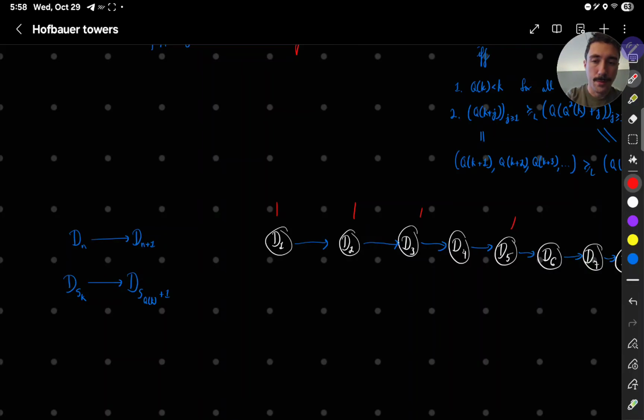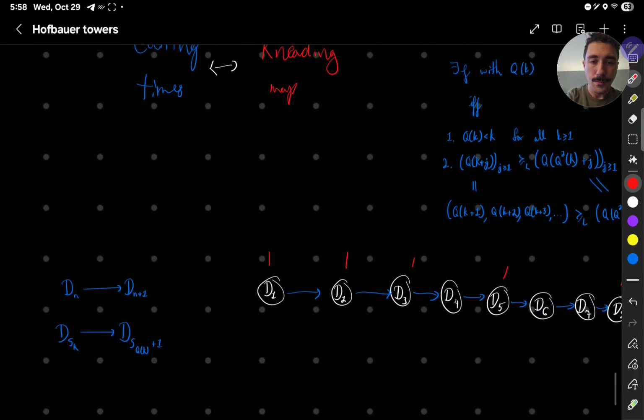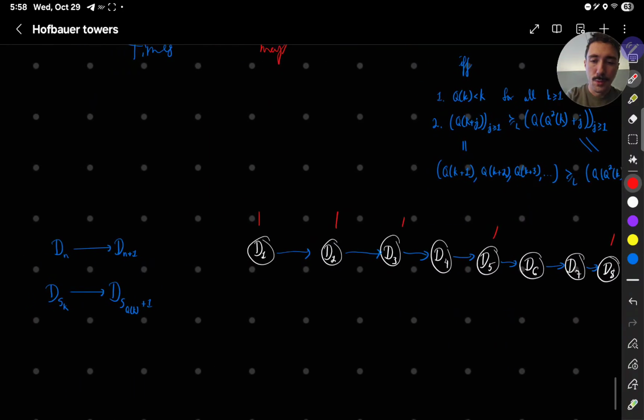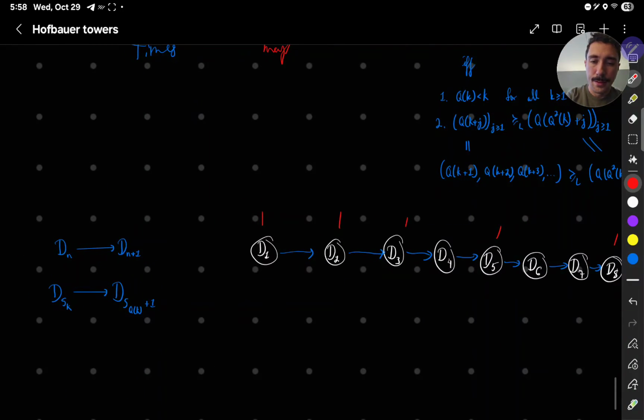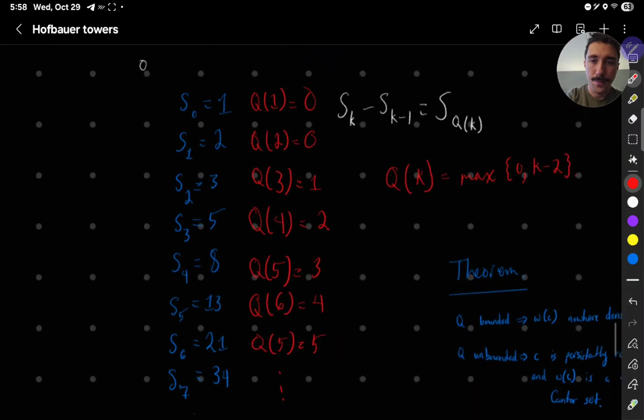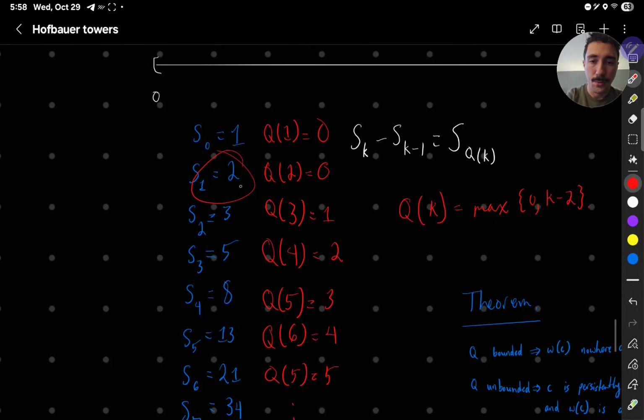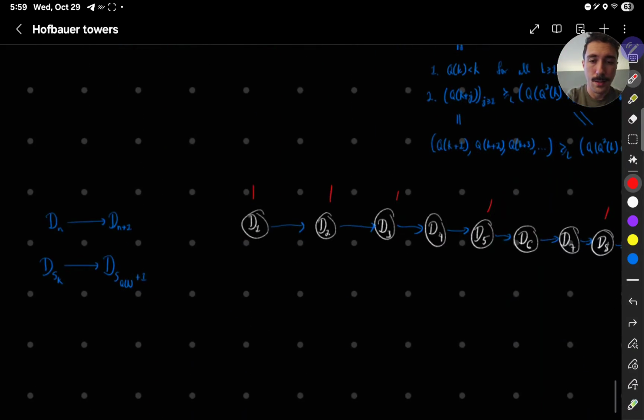We won't have that for 0 because the kneading map isn't defined there. But we will have it for k equals 1. So S1 is 2. So we're going to talk about D2, and because k is 1, it's going to go to D.